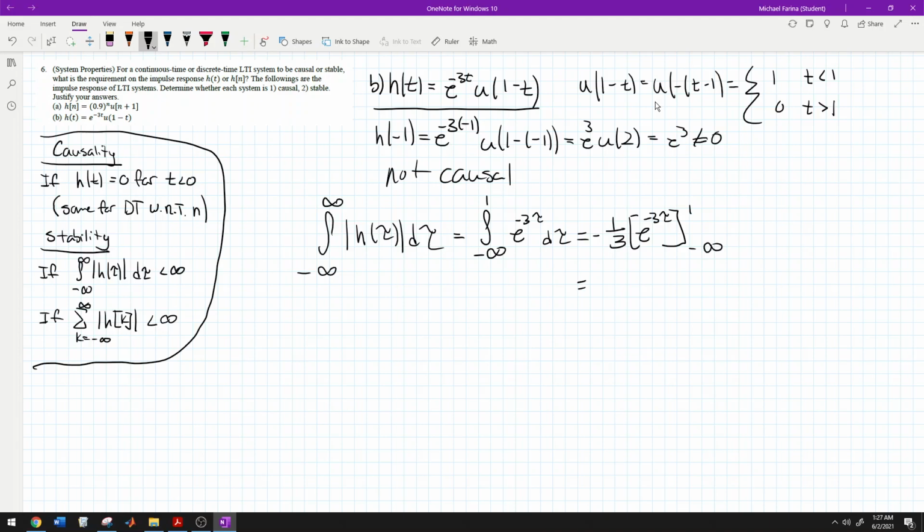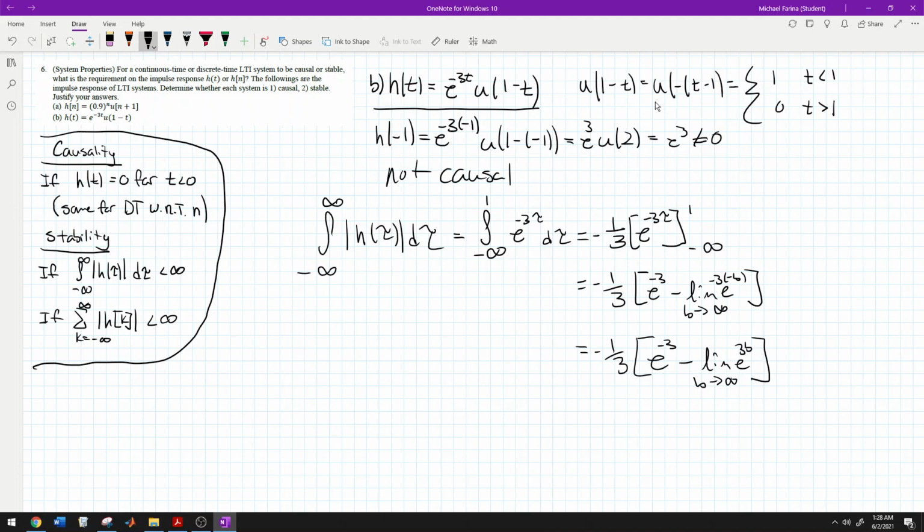When we keep working this through, we get negative 1/3 times e to the negative 3 minus the limit as b goes to infinity of negative 3 times negative b, which is equal to negative 1 over 3 e to the negative 3 minus the limit as b goes to infinity of e to the 3b.